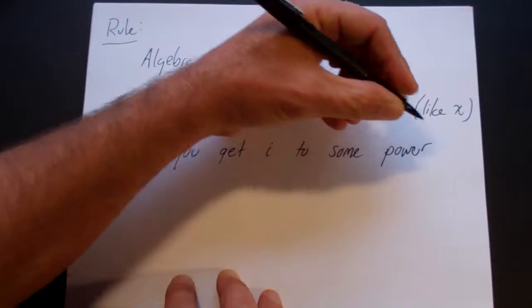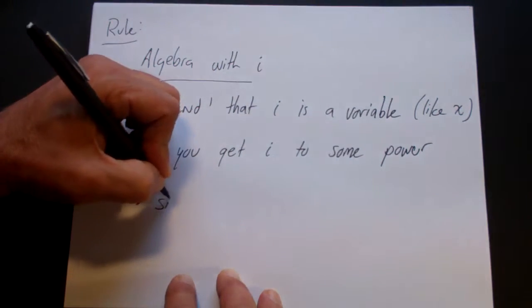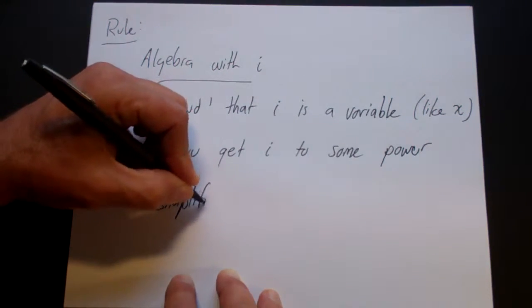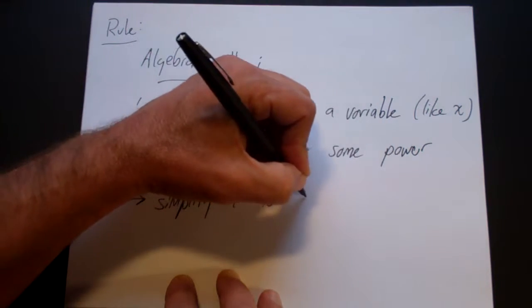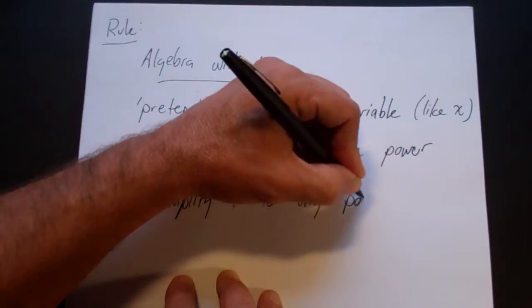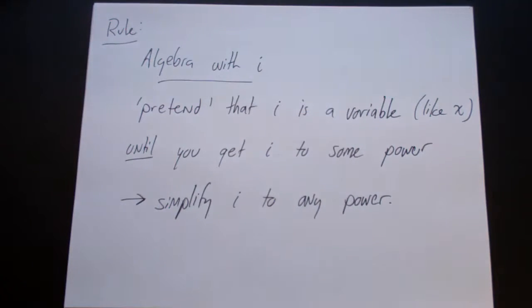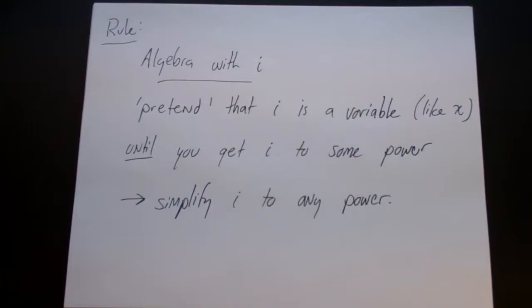And then you can always simplify. So that may not make sense at first, but as we go through examples, it will, and that rule will always work. Anytime you're doing algebra with i, you pretend that i is a variable, like an x, until you get i to some power, and then you're going to just simplify it.